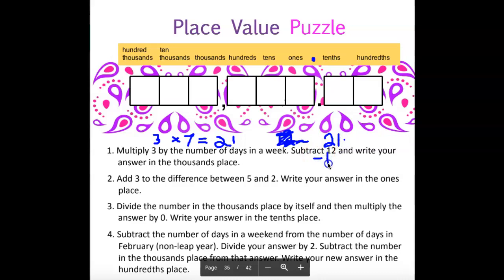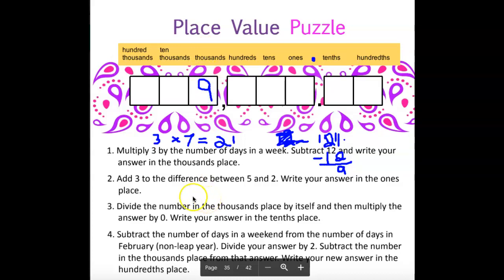I know I'm going to be right on there, but I want to show you and remind you we can't take 2 from 1, so we have to borrow. And now we've got 11, take away 2, which is 9. All right, that's our answer. And it says to put that 9 in the thousands place. So come up here, find the thousands place, and put a 9.